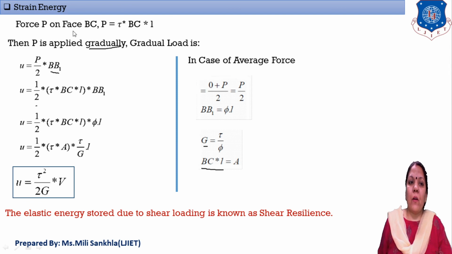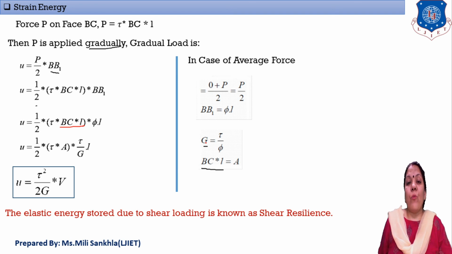The force P is equal to stress into area, and the area of this block is BC into L. Put this value: 1/2 tau BC into L, and BB1 is the deformation, equal to shear strain into length, phi into L. Now 1/2 tau, and BC into L is the area A, and phi into L.